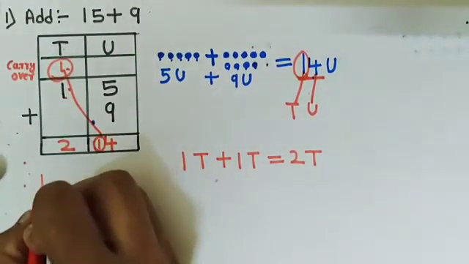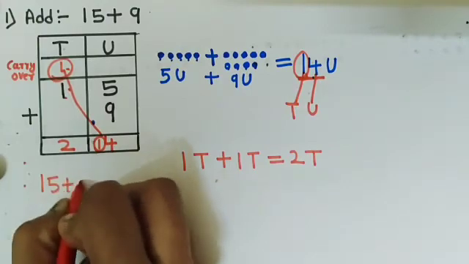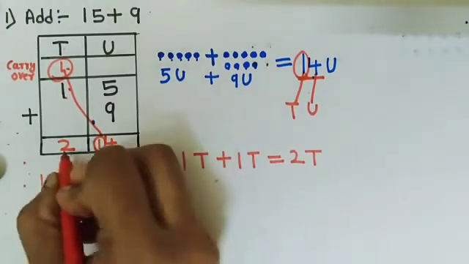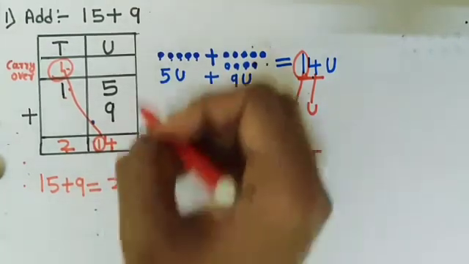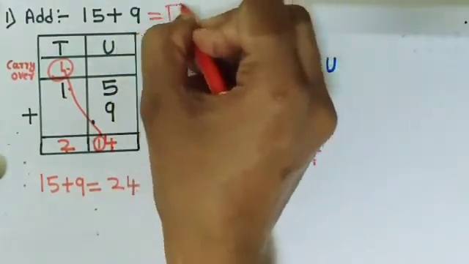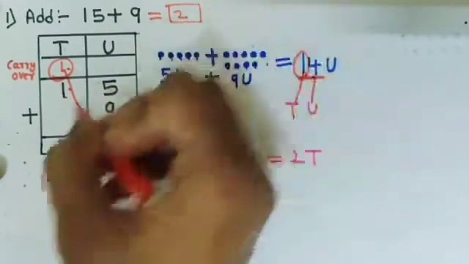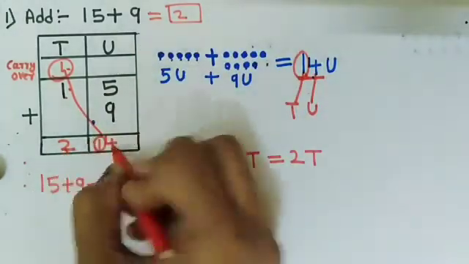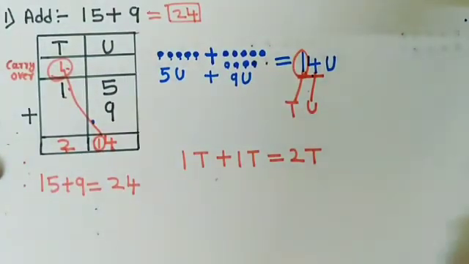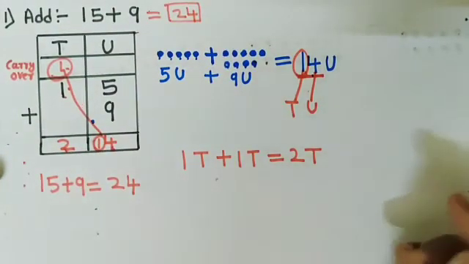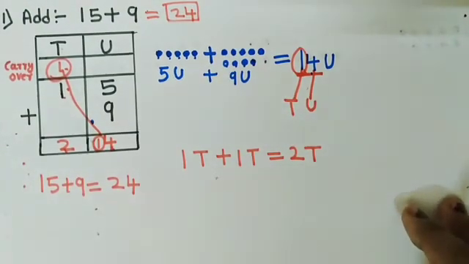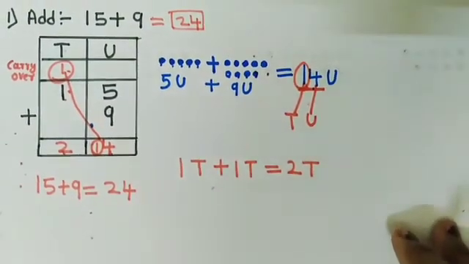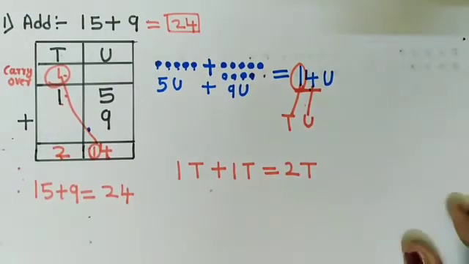Yes, 15 plus 9 is equal to 24. So I will write the answer here. 2 tens is 20 and 4 units is 4, 24. So children, like that you can add any number with the help of carryover.